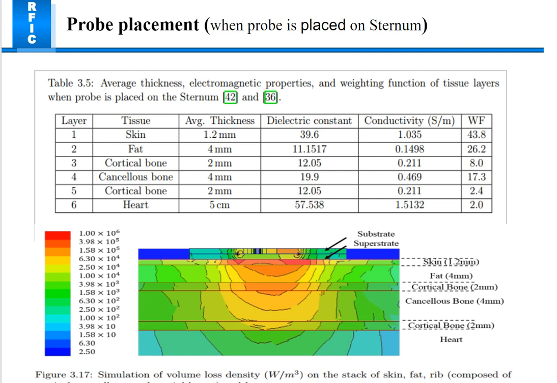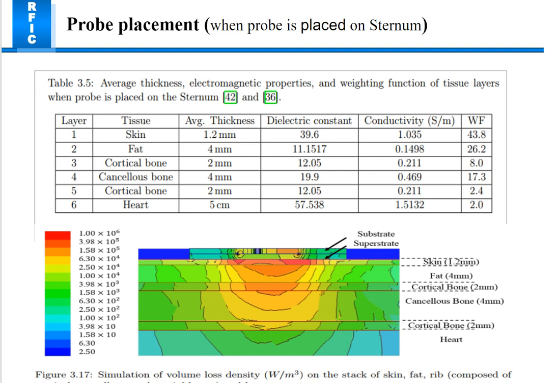The tissues are skin, fat, cortical bone, cancellous bone, cortical bone, and heart. The average thickness is mentioned, and dielectric constant, and conductivity, and then a wave frequency.